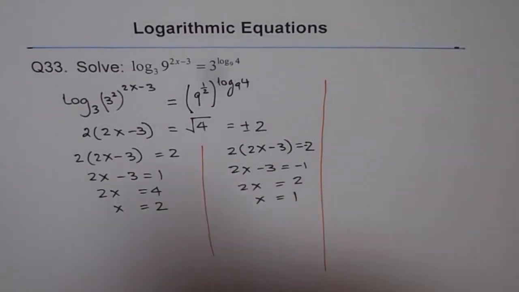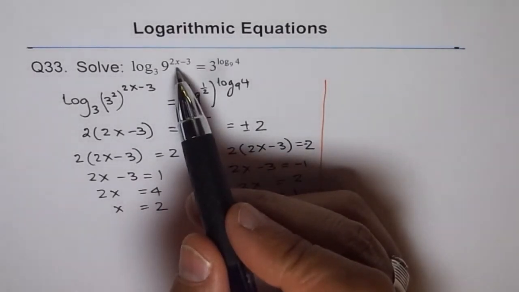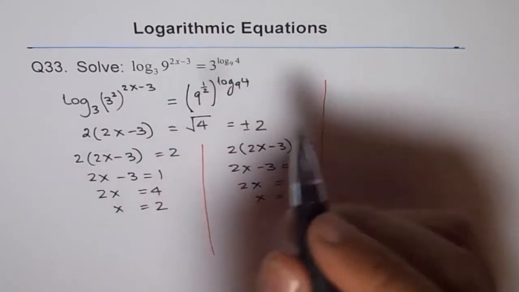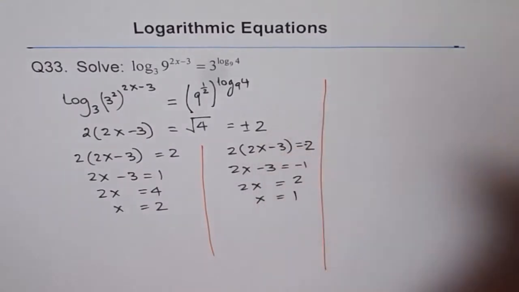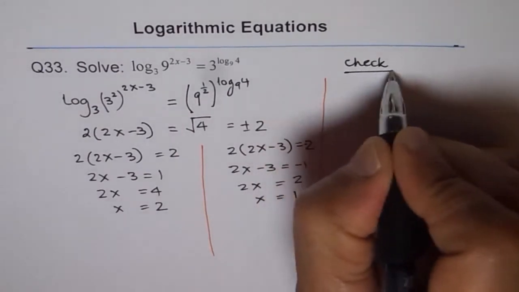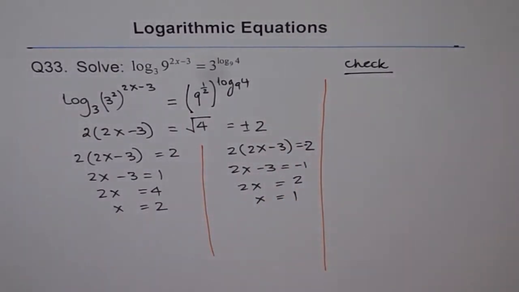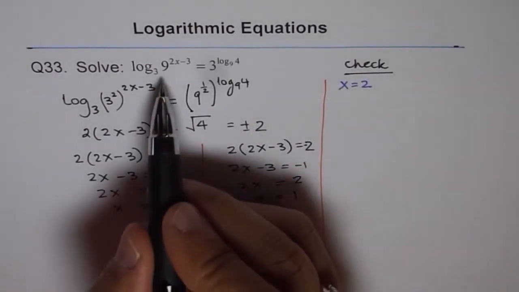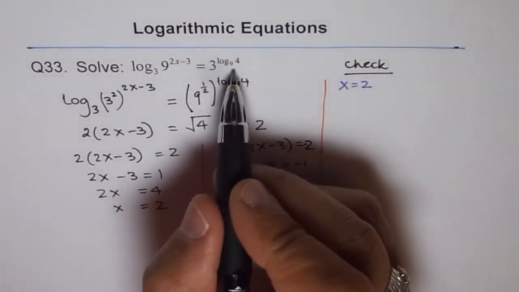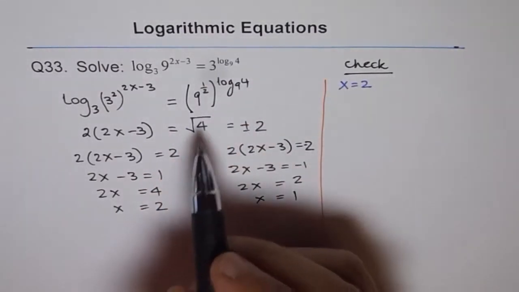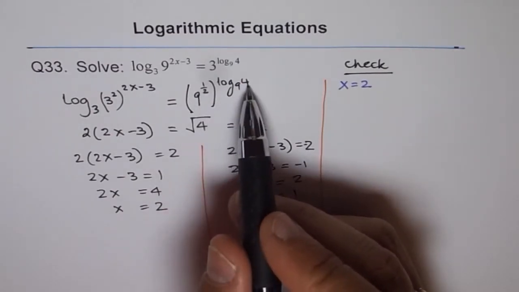So first check, we are trying x equals 2. If I write 2 here, then I get 2 times 2, 4, and 4 minus 1 is 3, right? On the left side, we are checking our answers, and the right side reduces to the square root of 4.